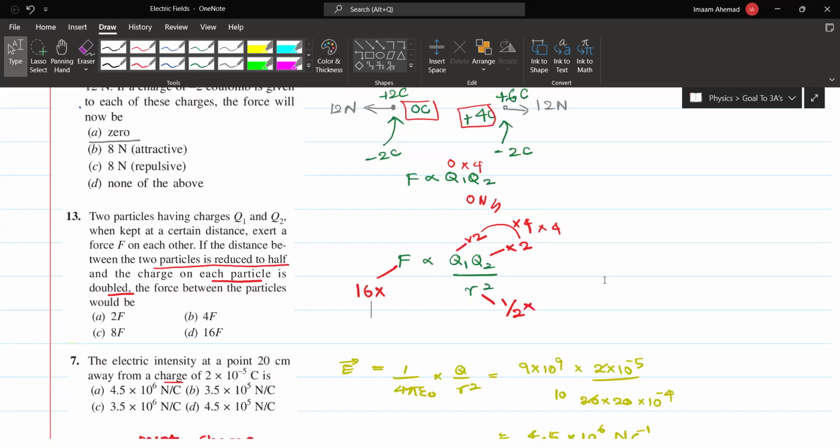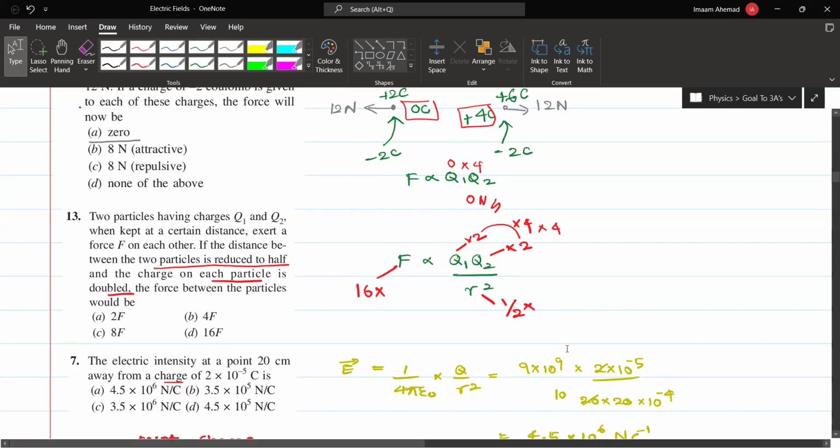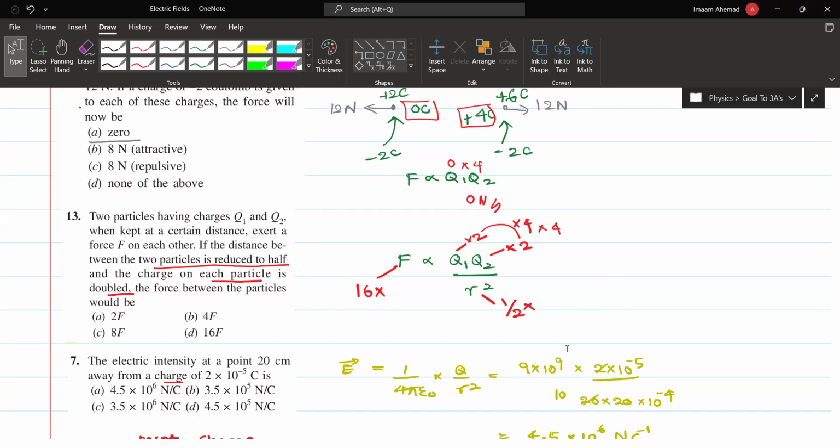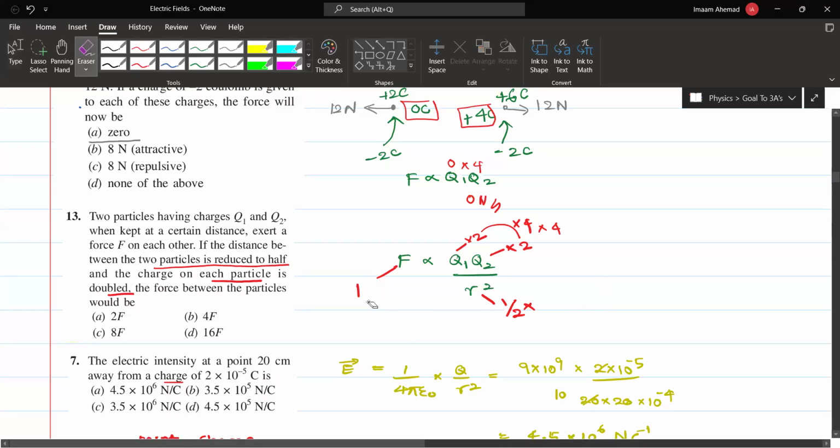Is that clear or need an explanation once again? If anyone still didn't get the idea, the question says the charge on each particle is doubled. So I double the charge. And the distance is reduced to half. That means half squared, right? Because it is r squared.